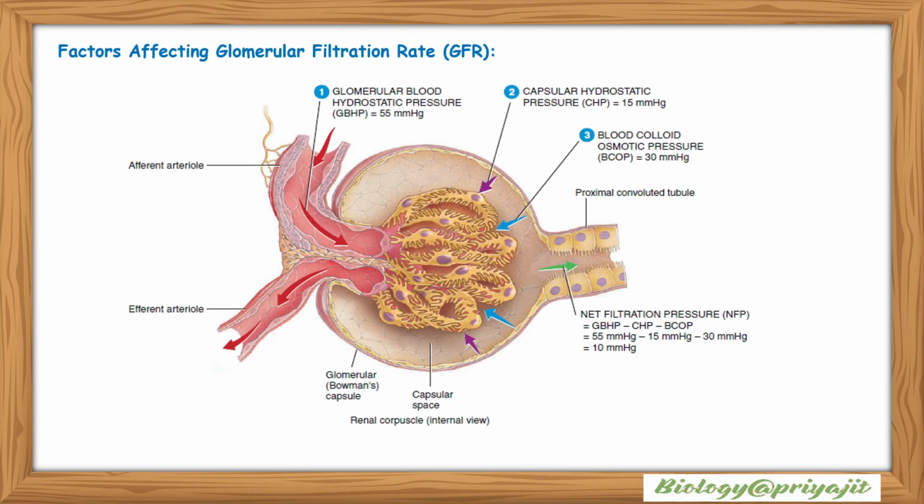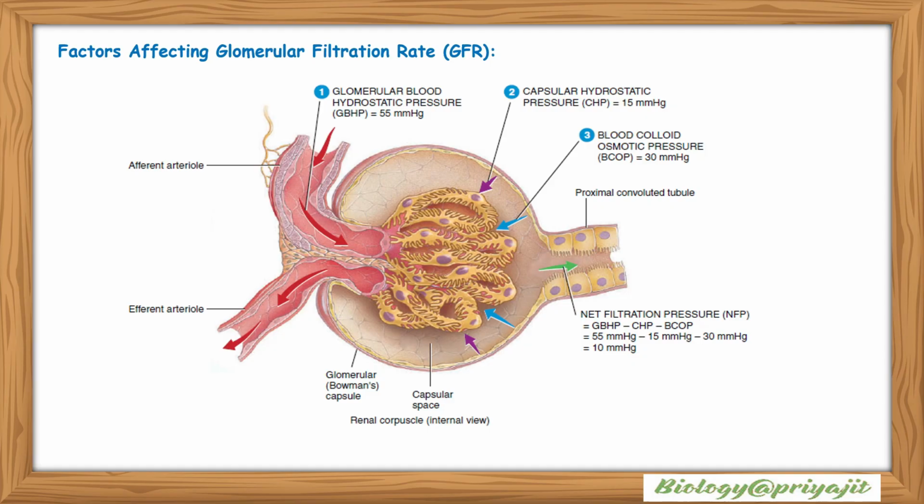Factors affecting glomerular filtration rate. GFR is influenced by several key factors: increased renal blood flow, that is approximately 1300 ml per minute, and glomerular pressure, that is approximately 60 mmHg, enhance GFR, while high colloidal pressure, nearly 25 mmHg, and back pressure in Bowman's capsule reduce it.